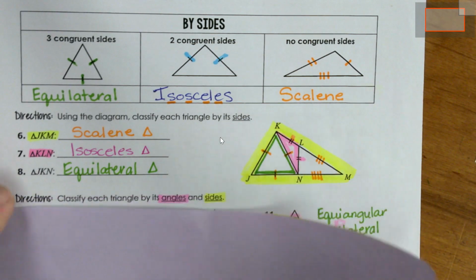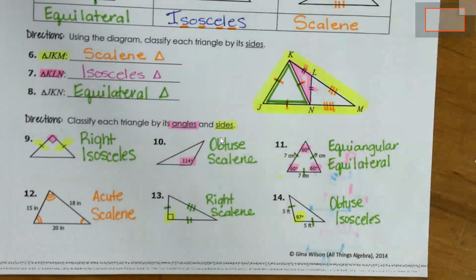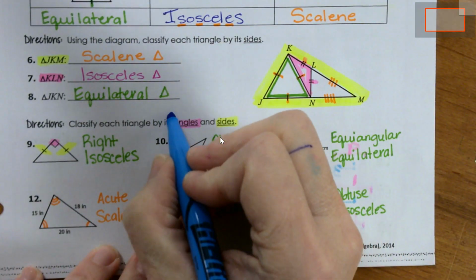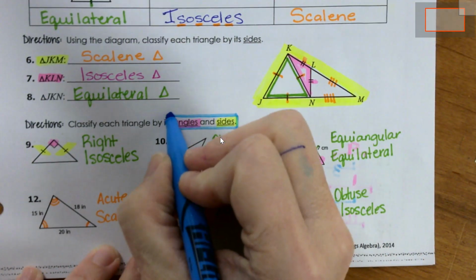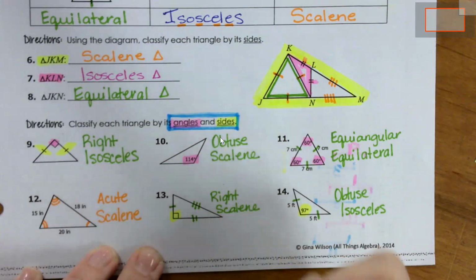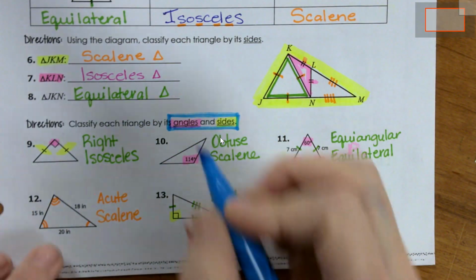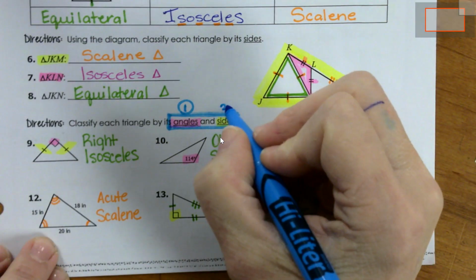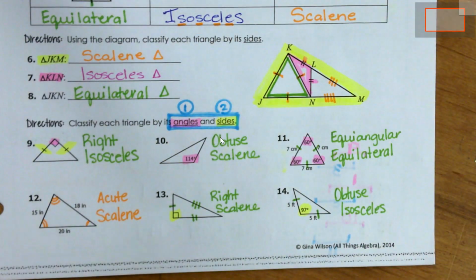Okay, you do need to be able to name a triangle by sides and angles. Okay, so both of them, kind of like a first name and a last name. So what I tend to do is I put the angle first and the sides second. And that tends to be pretty standard.